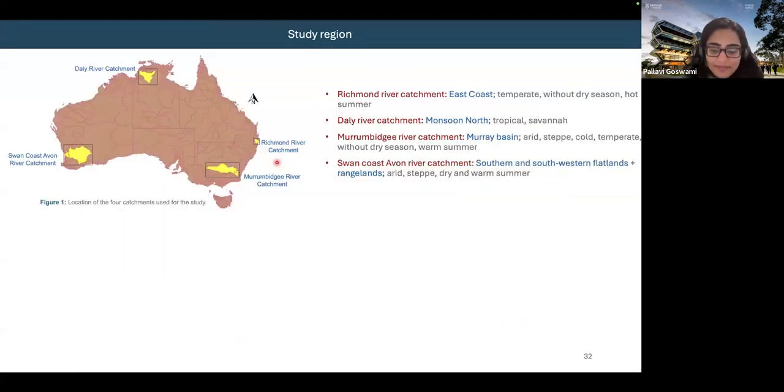And like I said, existing literature has put out various conjectures of what could be possibly driving these. So here in Australia, the attempt was to understand if we can pin it to certain meteorological variables that might be causing these flash droughts. For this study, I was looking at 4 catchments: the Richmond River catchment in the east, the Murrumbidgee River catchment, the Swan Coast and Avon River catchment in the southwest, and one catchment in the north, the Daly River catchment.